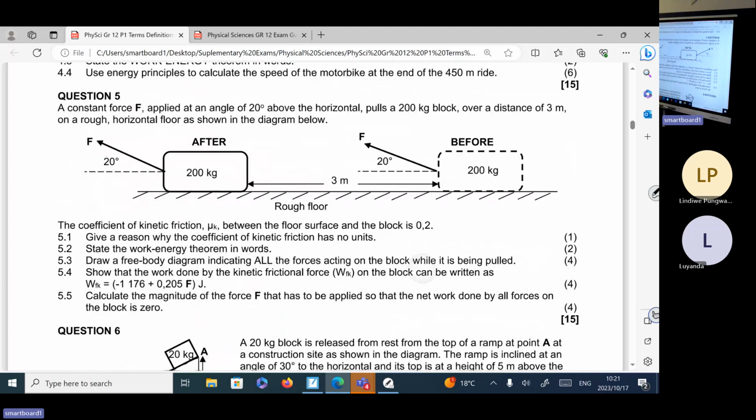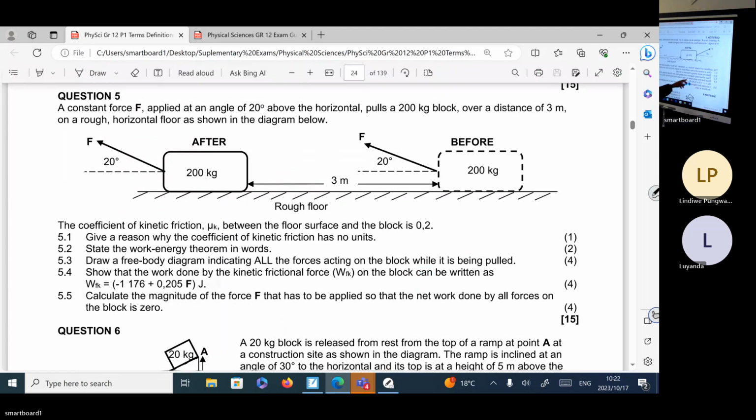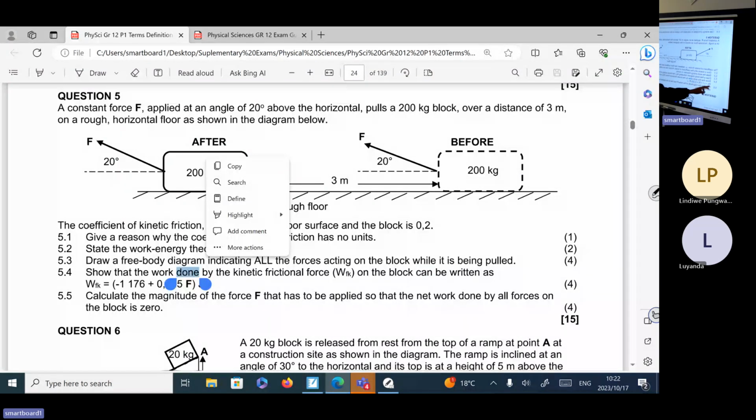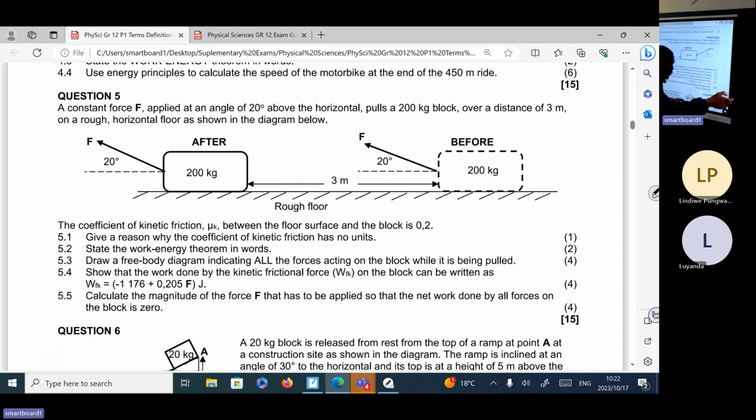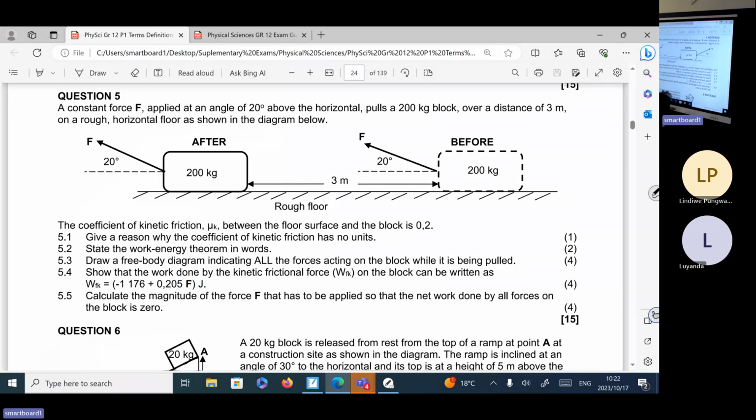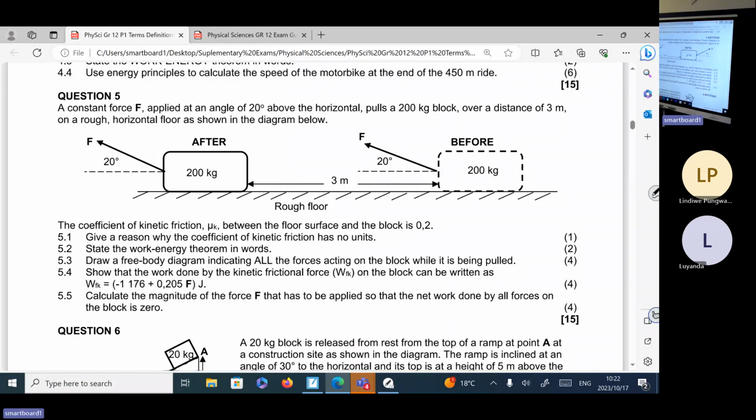Be very careful when you arrive at question 5, especially 5.4. Draw a free body diagram and first calculate the magnitude of the frictional force before you calculate the work done by the frictional force. So be very careful. Read, understand, try to solve.